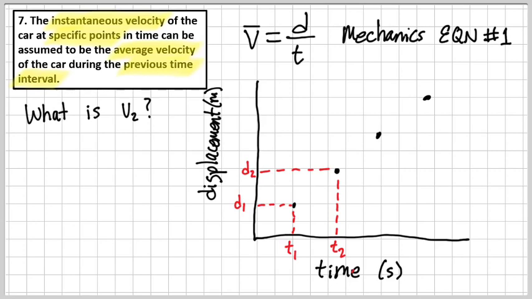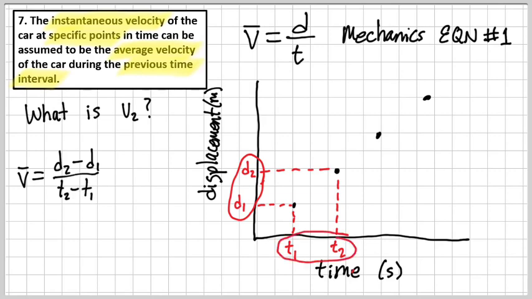That means we need to find the average velocity. To find the average velocity, we need to know what the difference in distance is, or displacement that is, and that's simply d2 minus d1. And the other part is the time, which would be time 2 minus time 1.